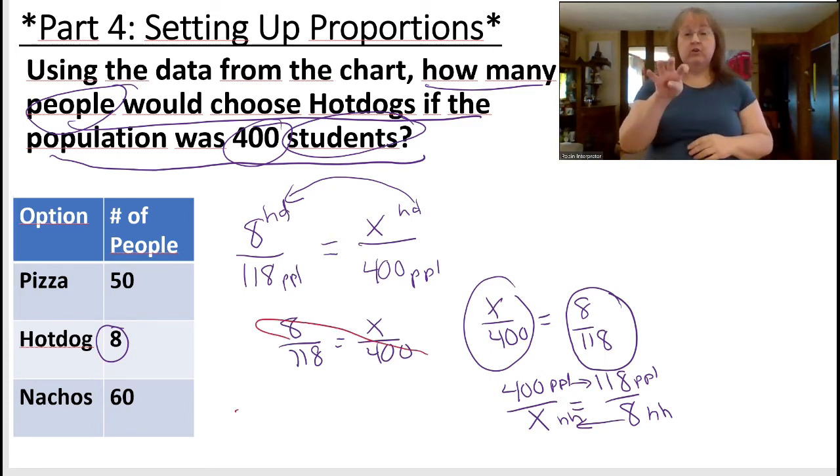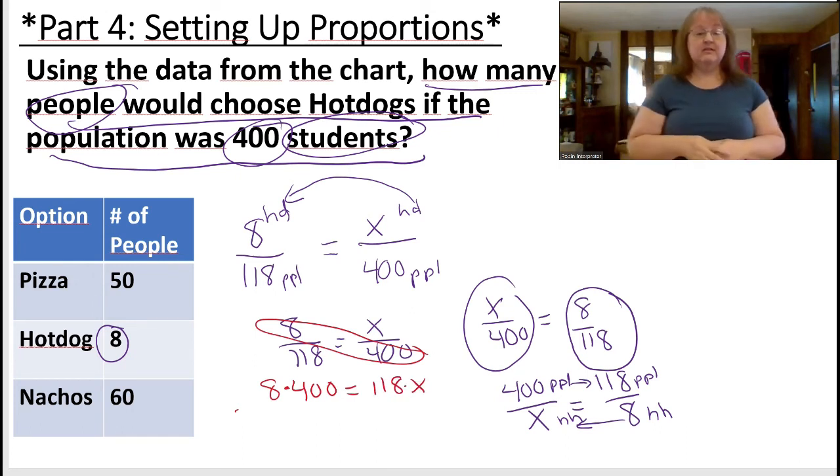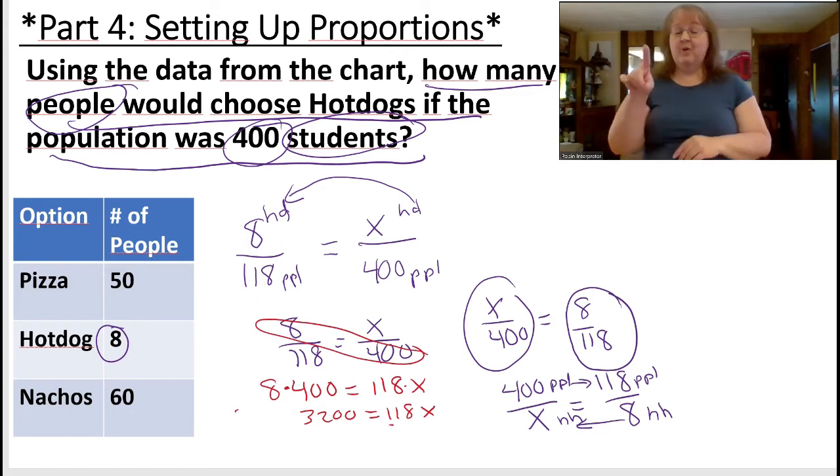So I'm going to say 8 times 400 equals 118 times x. So 400 times 8 is 3200 equals 118x.